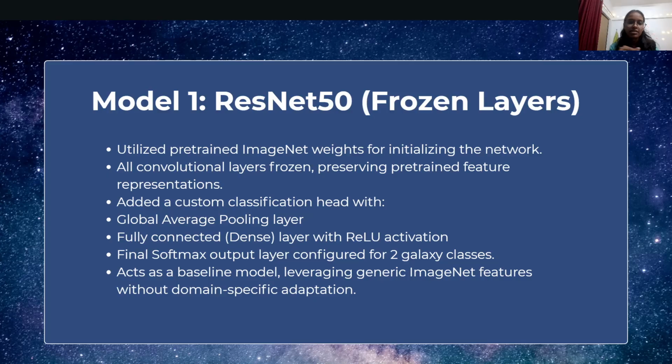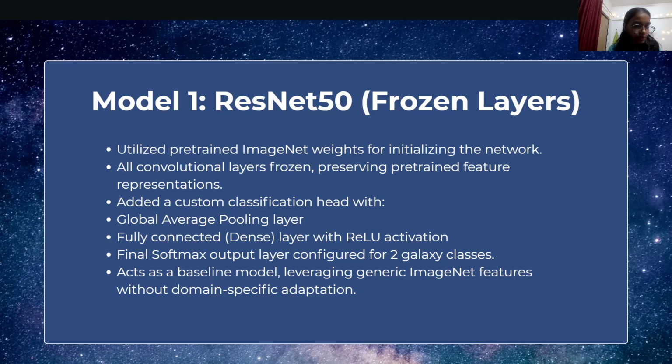The freezing means their weights will not update during training. As a result, the model relies on generic features like edges, gradients, and textures that it already knows, instead of trying to relearn them from scratch using our small galaxy data set.